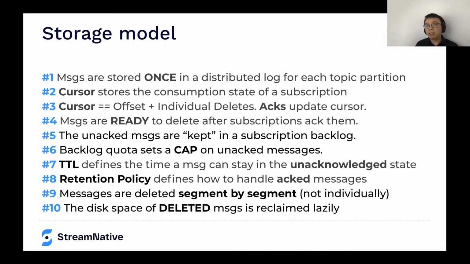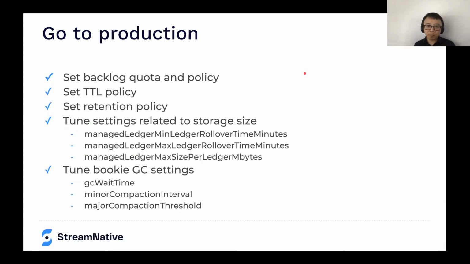And messages are deleted segment by segment, and the disk space of deleted messages is not reclaimed immediately. It's reclaimed lazily. So there's a delay before you see the disk go down to 0 after you delete the topic. There's a gap between the storage size and the actual disk usage.